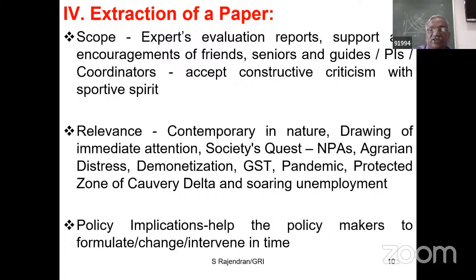And also the other issues are agrarian distress, demonetization, GST, pandemic, the protected zone status of Kaveri Delta, which was announced by the previous state government, and then the soaring unemployment issue in India as such. So all these contemporary issues, all these glaring issues, all these societal oriented issues, all these economic aspects need to be brought to the fore from the research reports.